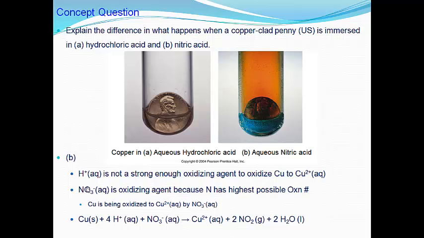That is the maximum oxidation number that the nitrogen can have, and therefore it is a strong oxidizing agent, because it has the capacity to only become reduced from N plus 5 to N plus 4 and plus 3 and plus 2 and so on. So because the nitrate is a strong oxidizing agent, because N has the highest possible oxidation number, the copper is being oxidized to copper 2 plus by the nitrate.